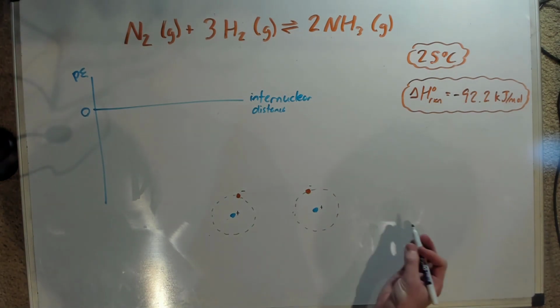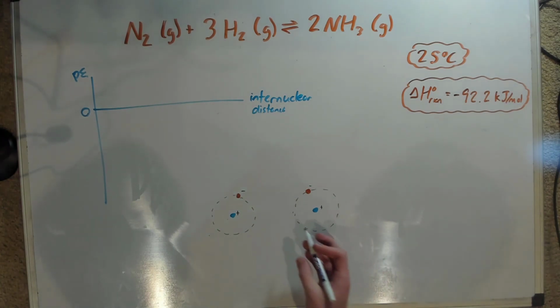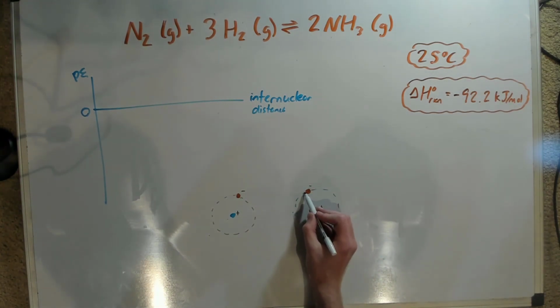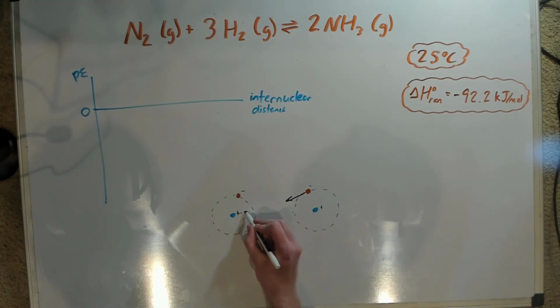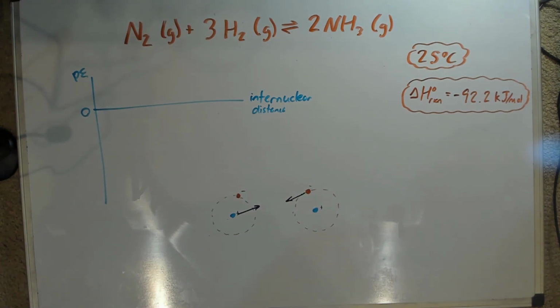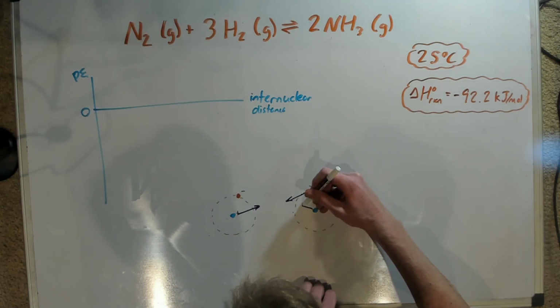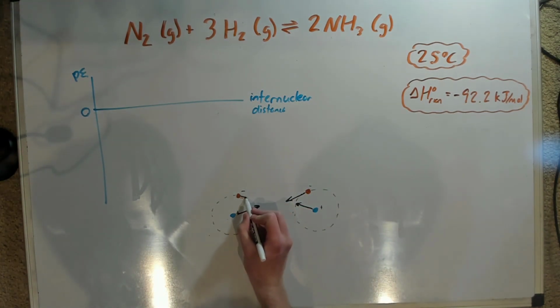So let's draw the forces on this one. Basically, this positive and this negative make this atom overall want to draw towards the other one. You'll see a similar force going this way, similar and opposite, and the same thing going on with the other atom.